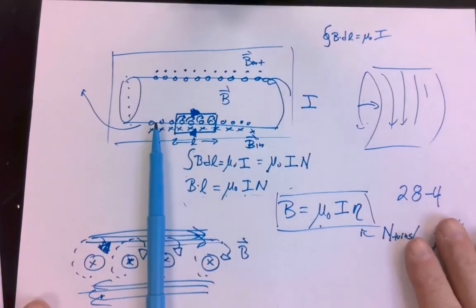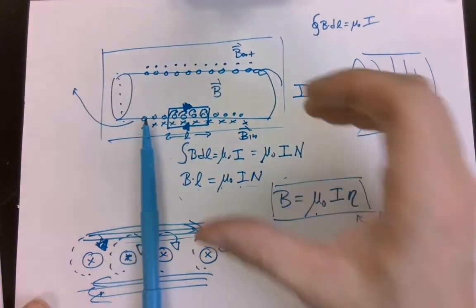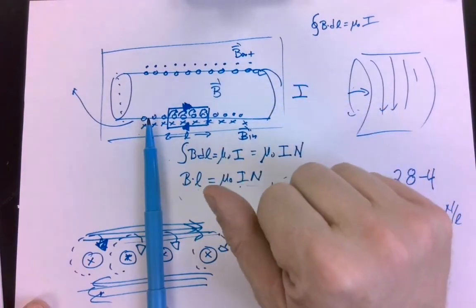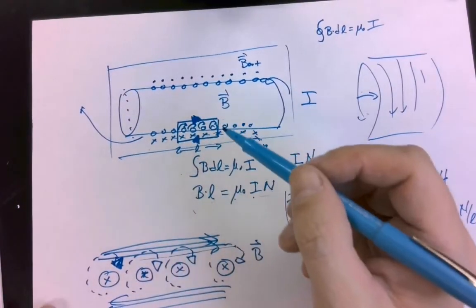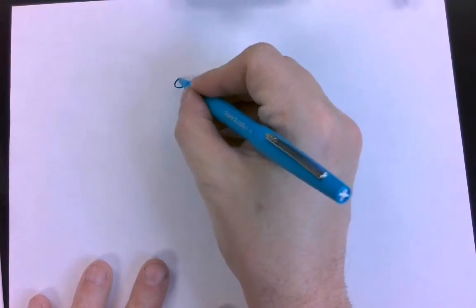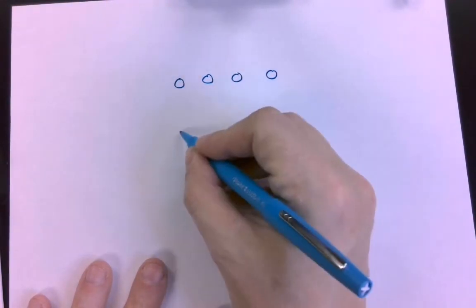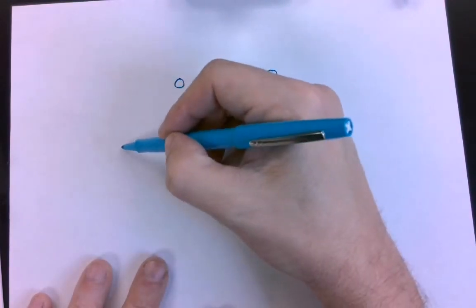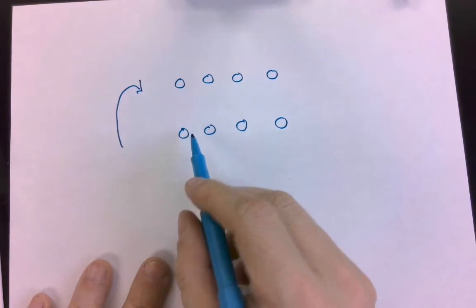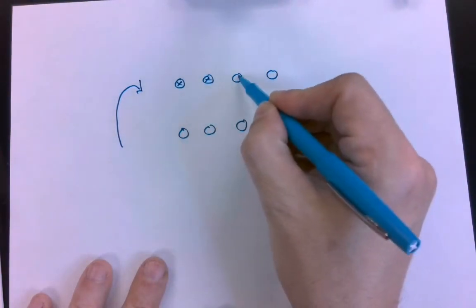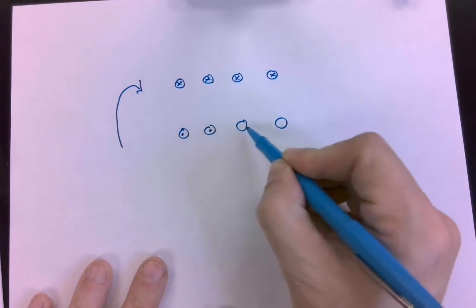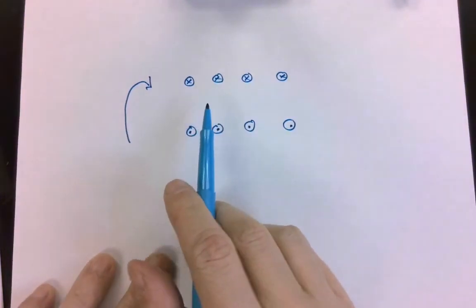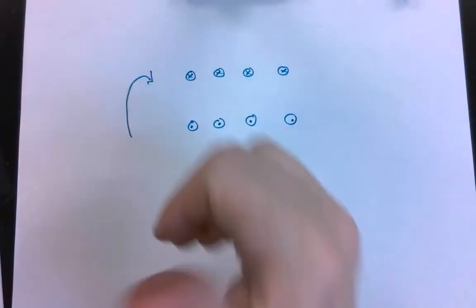By the way, once you make the whole solenoid, you can use the right-hand rule to tell the direction of the magnetic field. Let me draw this, again a cross-sectional, zoomed-in view. You've got a solenoid. This is a cutaway of just a few of the wires. Let's say the current is going in up here and out down here. If you look at the individual loops, use the right-hand rule for the individual loops.